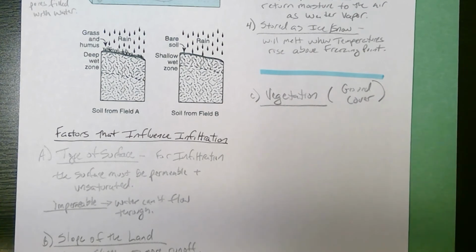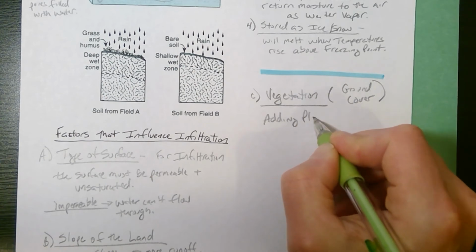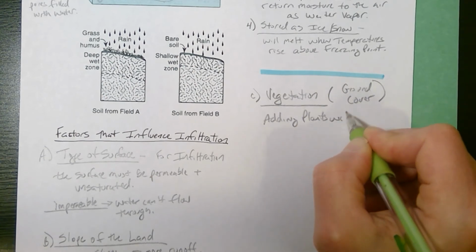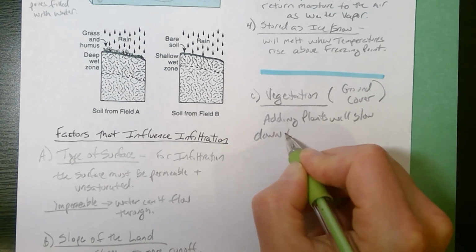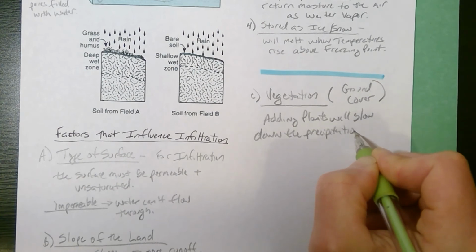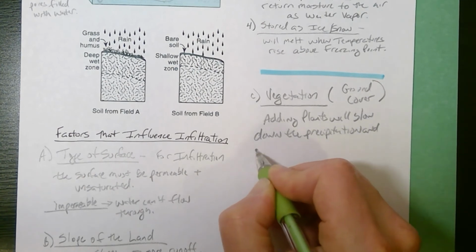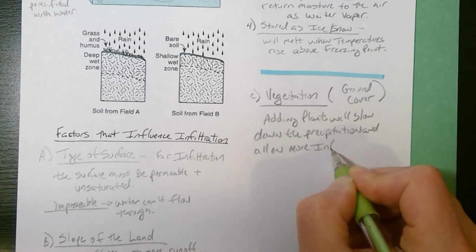If you have a barren field, very little water is able to infiltrate. So when you add plants, adding plants will slow down the precipitation and allow more infiltration.